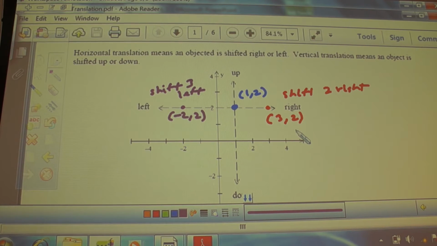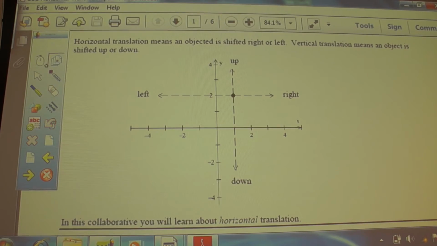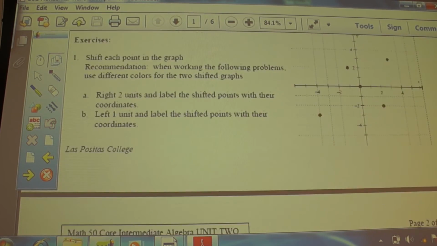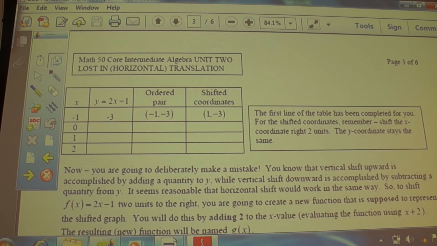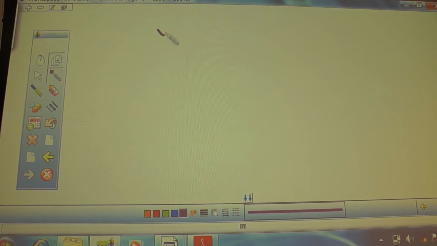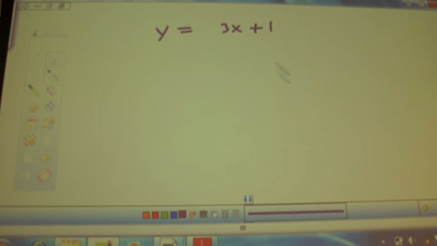But the symbolic part is tricky, because normally with the y, if you guys remember, y equals, say, 3x plus 1.